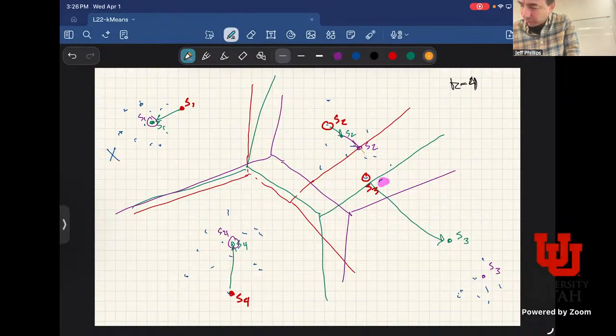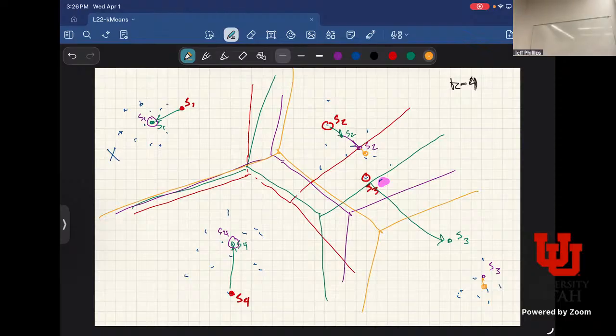We're going to move this one a little bit here, and S3 will move a little bit down in the center. The rest of this will be about the same. I'm going to update these one step at a time, and if everything is working correctly, S1 and S4 will stay in the same spots.